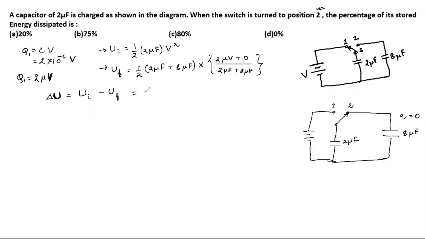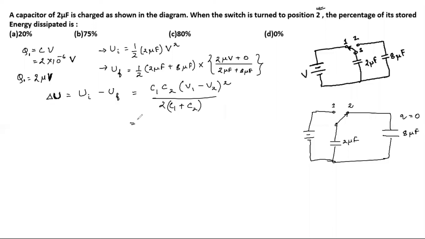When you simplify these two terms, you will have the final expression, which is C1 C2 times (V1 minus V2) whole square, divided by 2 times (C1 plus C2). So this is the expression for the change in energy stored.